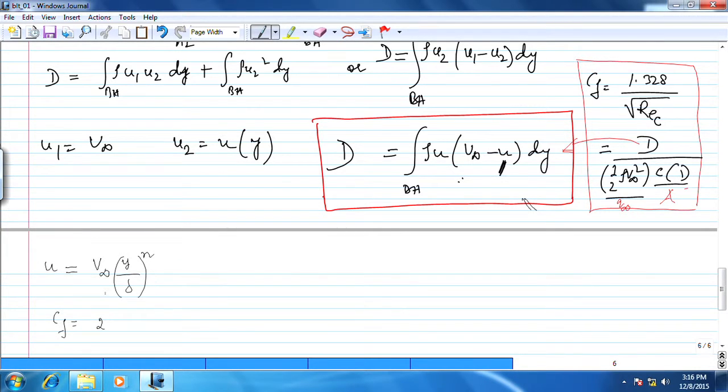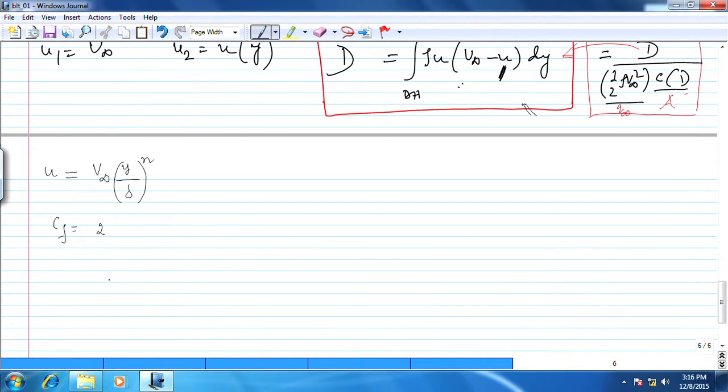Cf is 2 times the integral from 0 to delta by c of u by u infinity times 1 minus u by u infinity d(y by c).